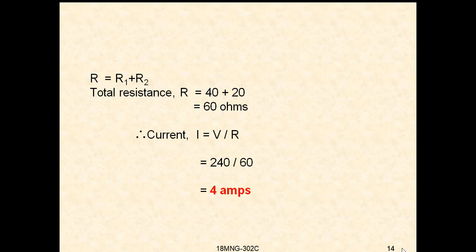So current I is equal to 240 volts by 60 ohms. On calculating we get 4 amperes. So the current flowing through these resistors is 4 amperes.